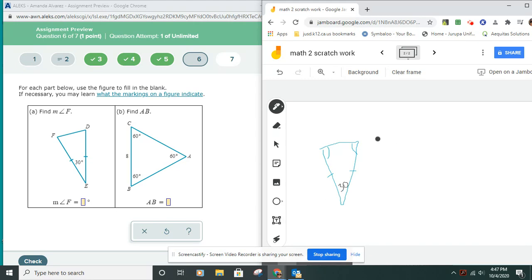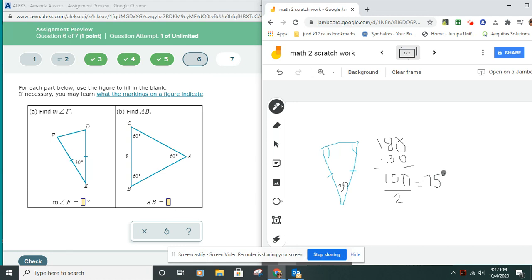So what I would do is I would do 180 degrees minus the angle that I know, minus 30. So 180 minus 30 is 150. What I need to do then is I know that 150 is the sum of those 2 which equal the same. So I can actually just do 150 divided by 2, which is 75.